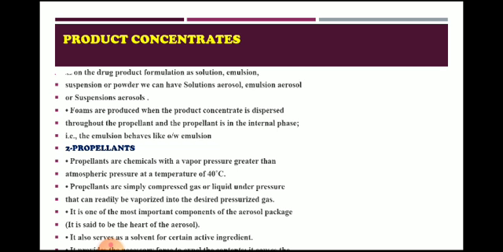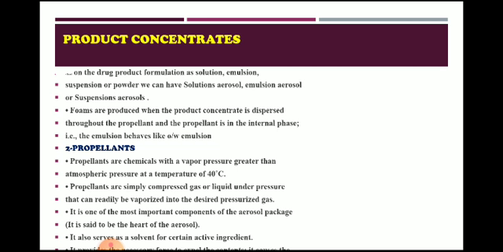The second main component is called the propellant. Propellants are chemicals with a vapor pressure greater than atmospheric pressure at a temperature of 40 degrees centigrade. These propellants are simply compressed gas or liquid under pressure that can readily be vaporized into the desired pressurized gas.